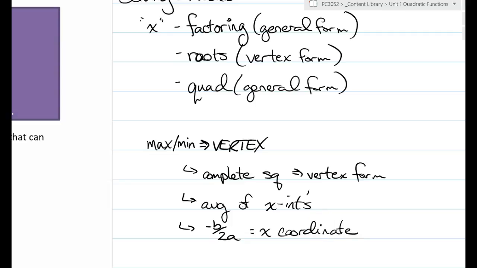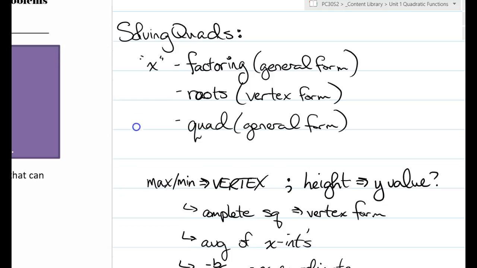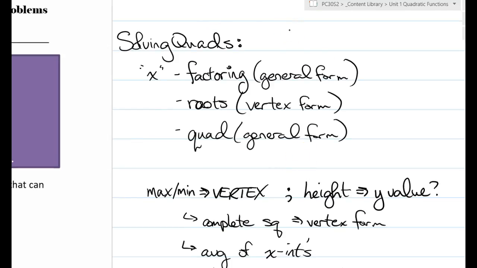Okay, so we've got a number of strategies. If we're then asked for the y value, if we're asked for the height, something like that, then that means we're solving for the y value. There are some key things to watch for in the questions, cues to help you out. Sometimes they give you a specific value and then you're just, again, solving for x, going back to using these strategies.